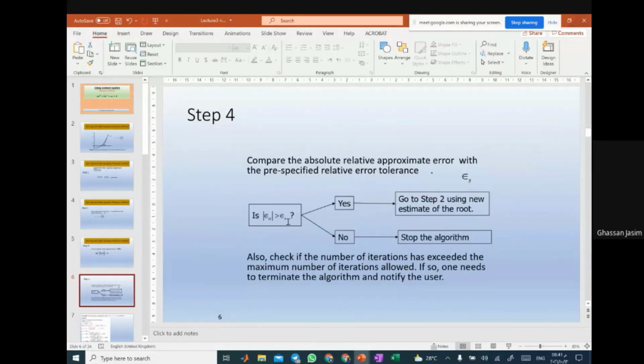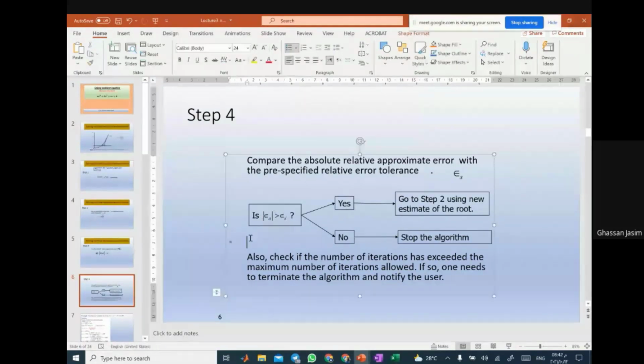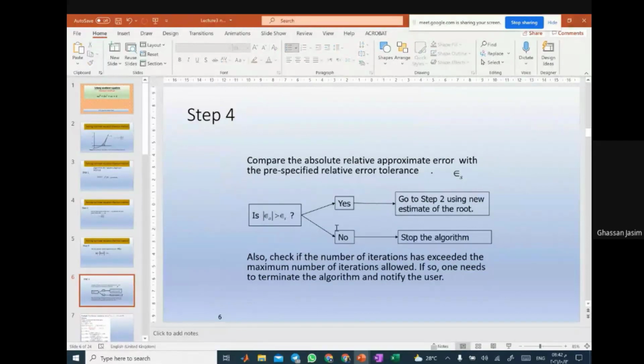This is to make a comparison if you have already a tolerance, E s. If someone gives you E s and tells you to make a comparison between these two, you need to follow this procedure.